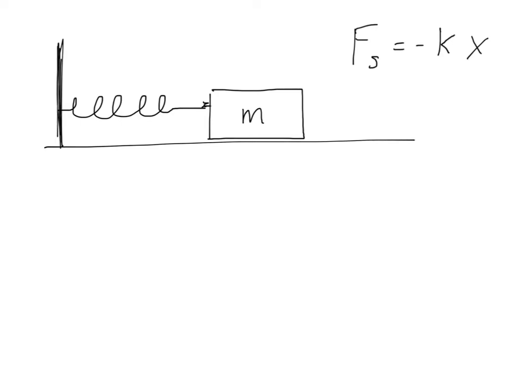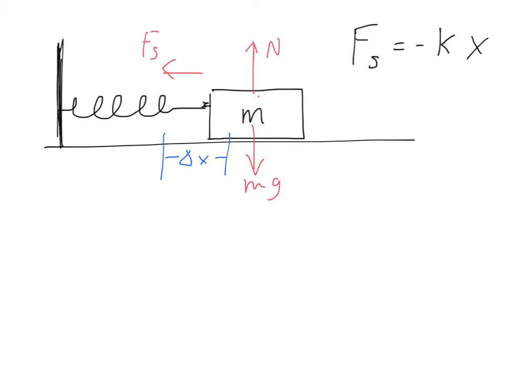So if we want to do a proper free body diagram, we would have the weight of the block, the normal force, and then the spring force, which could be in the x direction, either positive or negative. If we assume that the displacement, delta x, was in the positive direction, then we would expect the spring force to be in the opposite, negative direction.